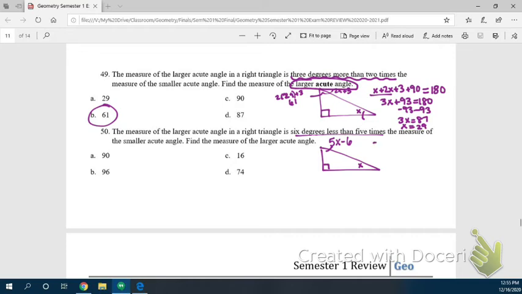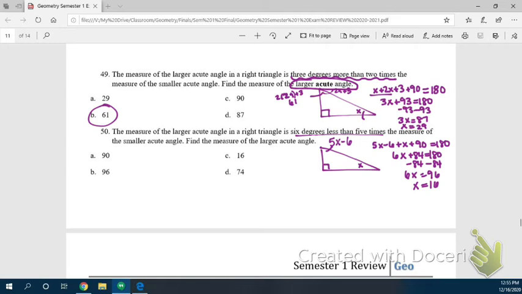When I add up all the angles to equal 180, let's see, I have 6x plus 84, 6x equals 96. When I divide, I get 16.